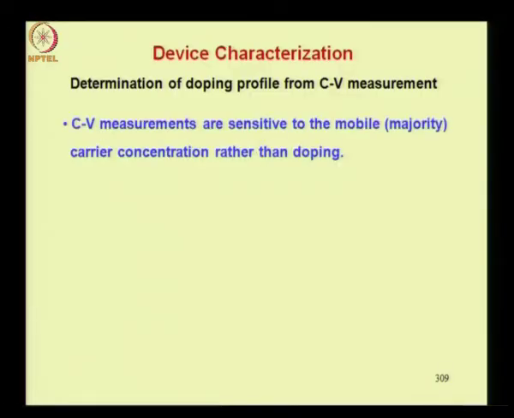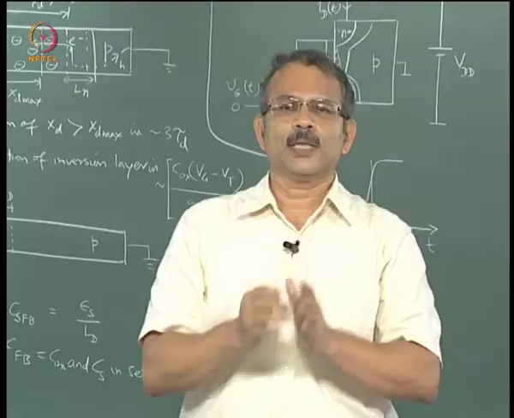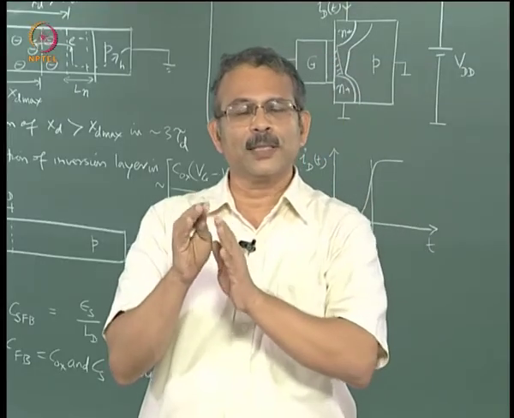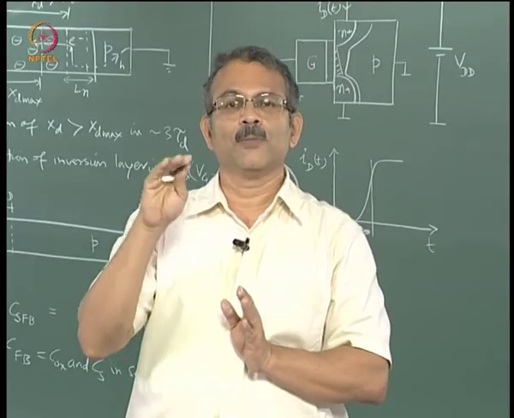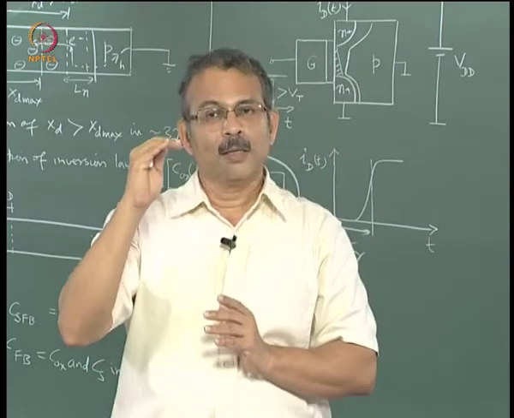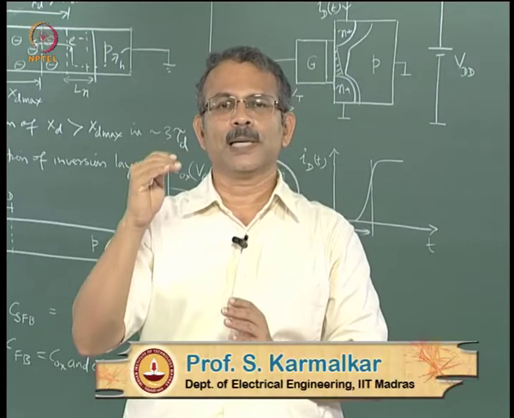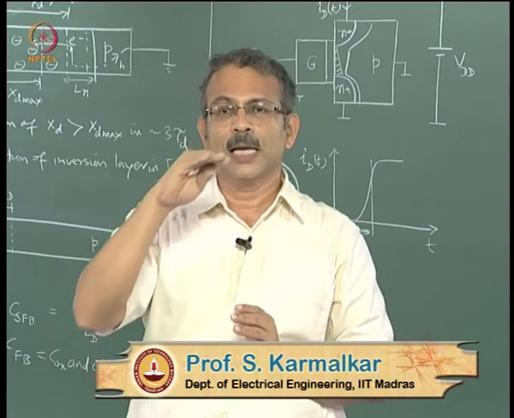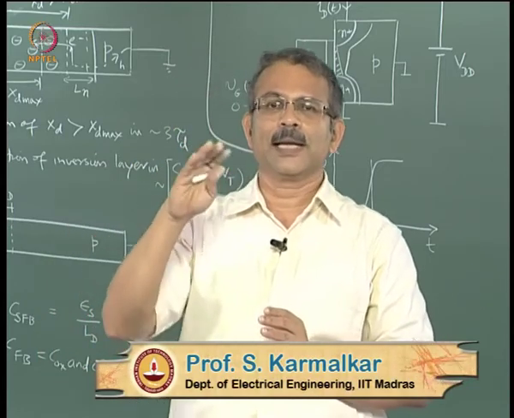Now CV measurements are sensitive to mobile majority carrier concentration rather than doping. Although you want to measure doping, what the CV measurement does is monitor the mobile majority carrier concentration, and now you know that you cannot always assume the majority carrier concentration is approximately equal to doping concentration. Why? Because if the doping varies too rapidly there can be space charge regions.